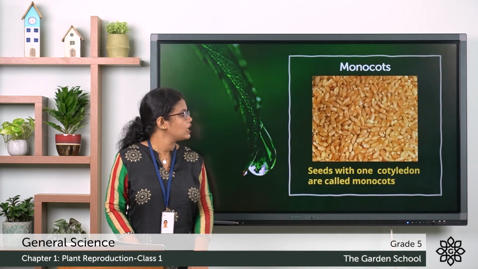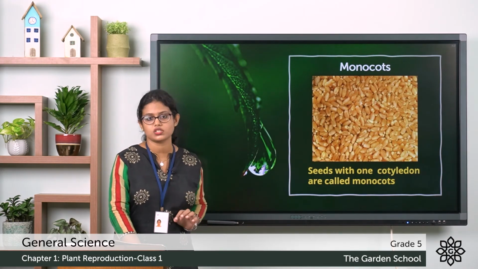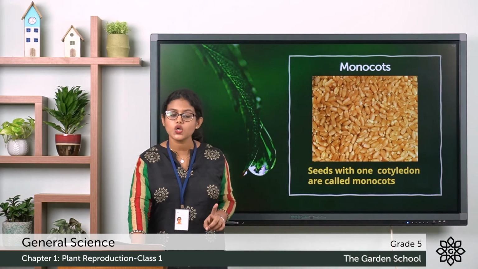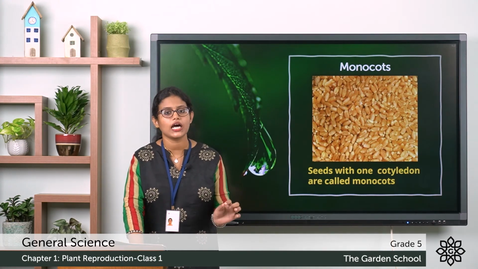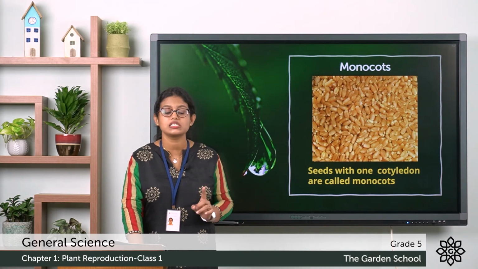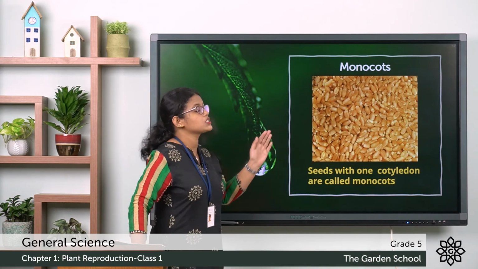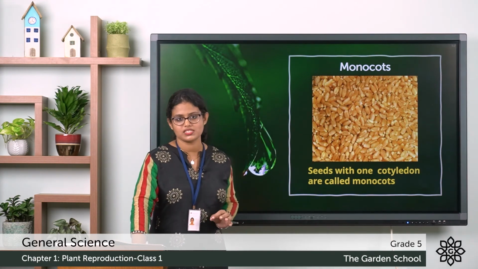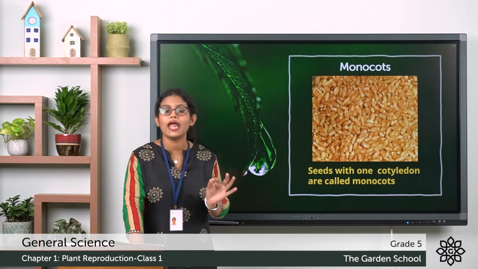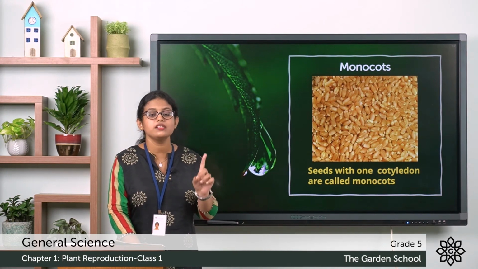What about a seed with one cotyledon? A seed with two cotyledons, we call a dicot seed. Then a seed with one cotyledon is called monocot. Mono, M-O-N-O, what does it mean? It means one.